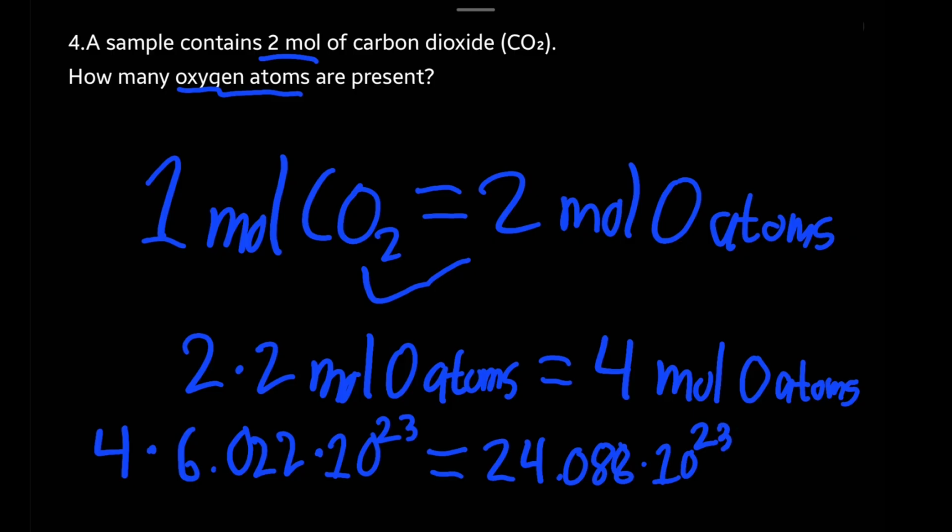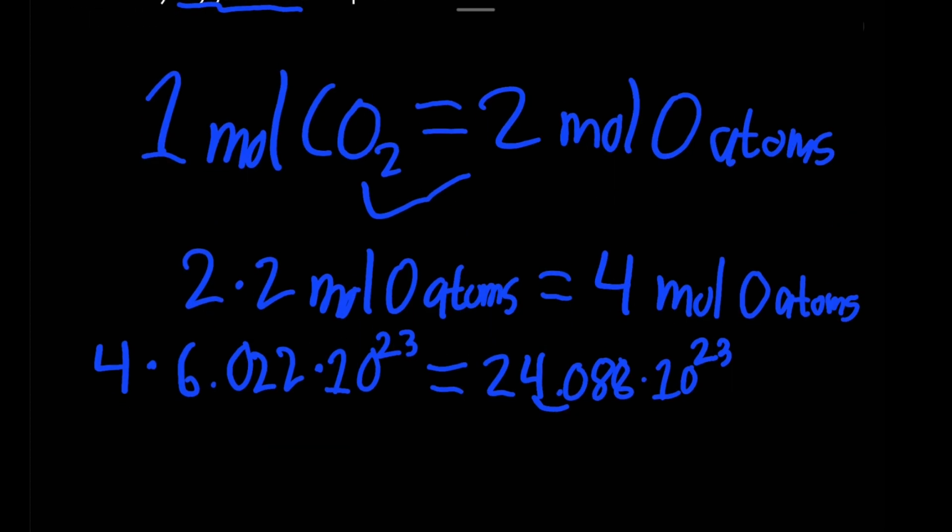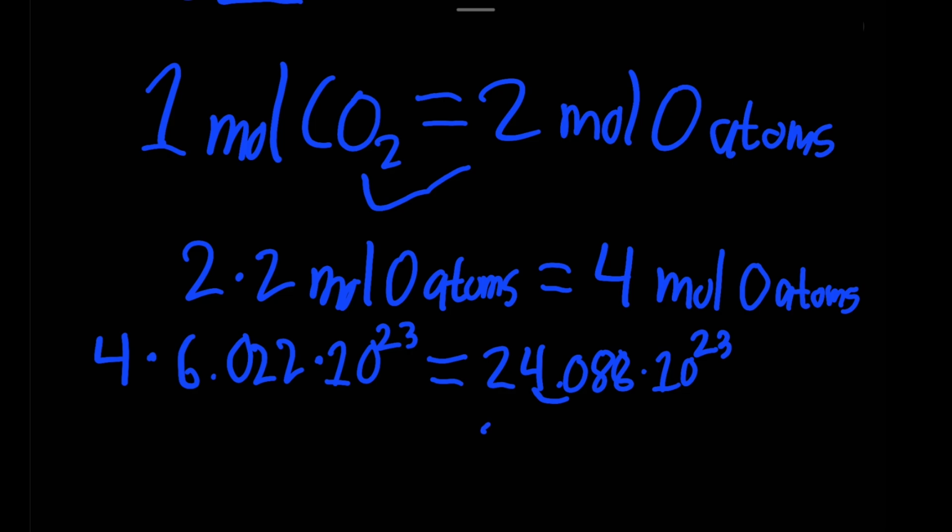And since we want to use proper scientific notation, we would move the decimal to the other side such that we would only be left with 2.408 times 10 to the 24.